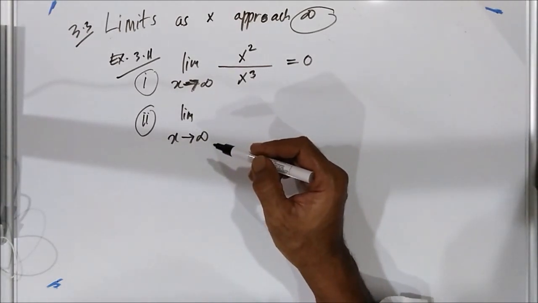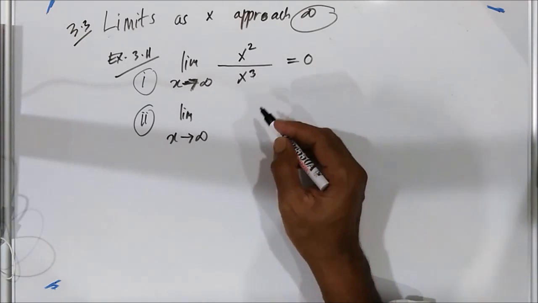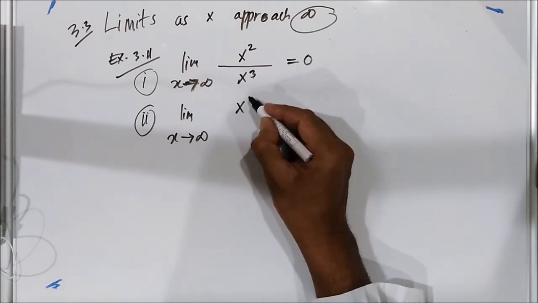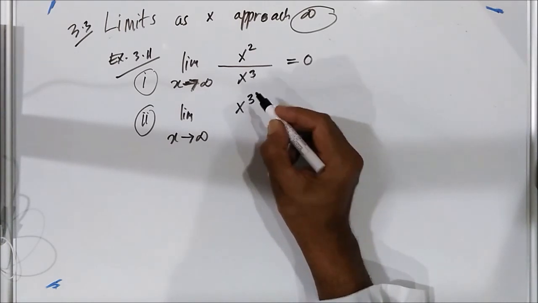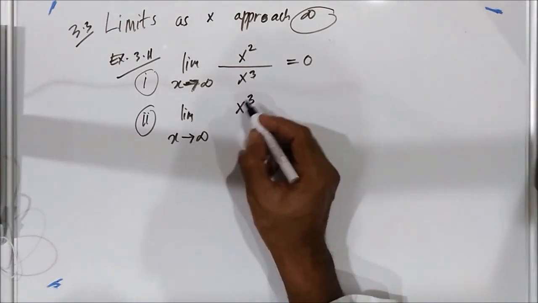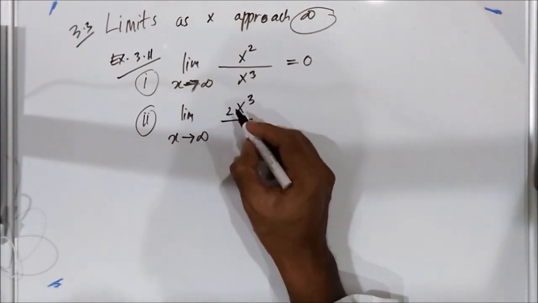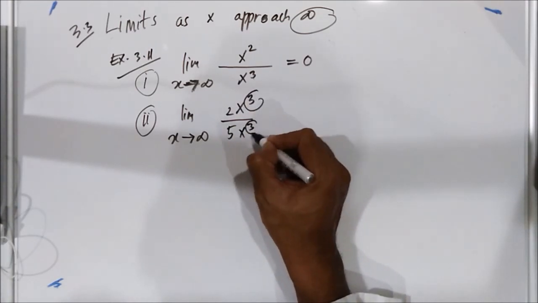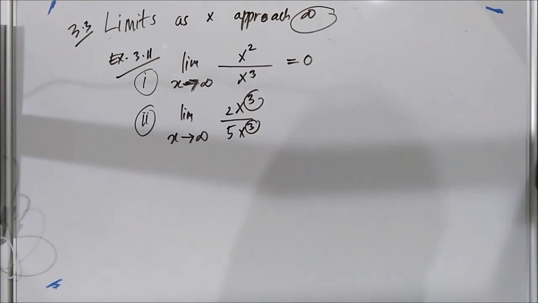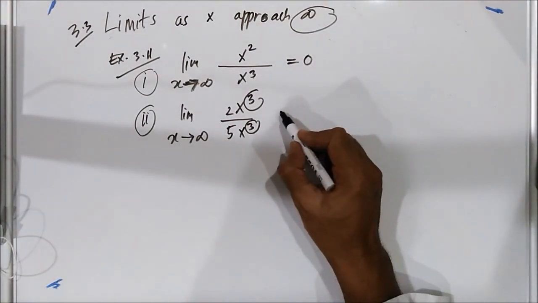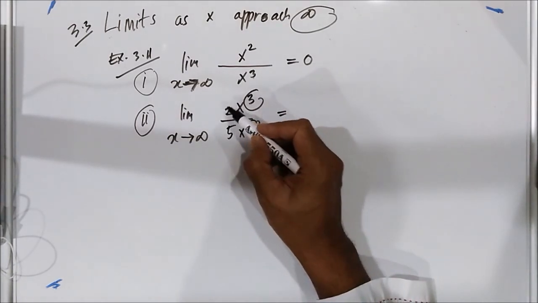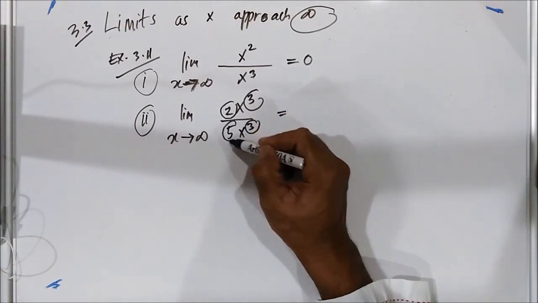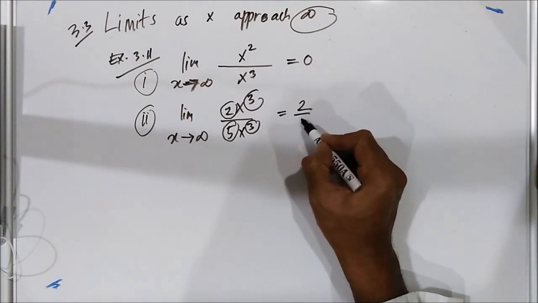Now, if I have the same power, let's say 2x raised 3 over 5x raised 3, the same power here and the same power there, the answer you can refer to the coefficients. Here is 2 and 5. The answer here is equal to 2 over 5.